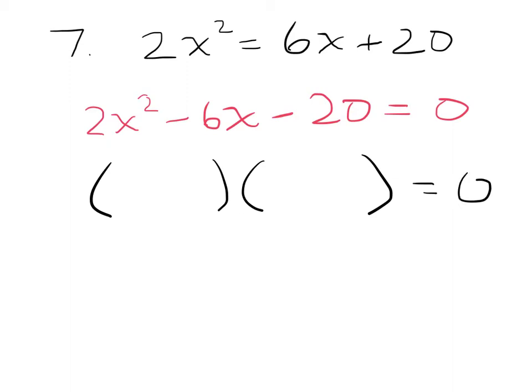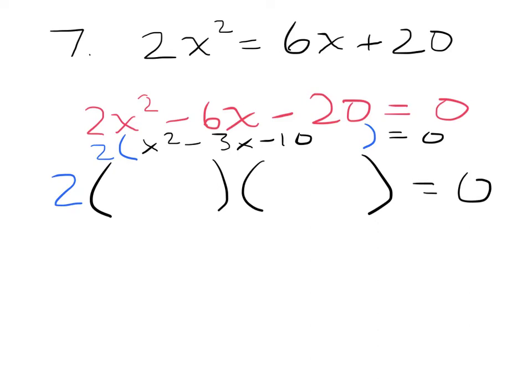Notice here that 2, 6, and 20 have a common factor of 2. So I'm going to factor out that 2 first. And when I do that, I end up with x squared minus 3x minus 10 equaling 0. So when I actually go about factoring, I've got that 2 out in front.